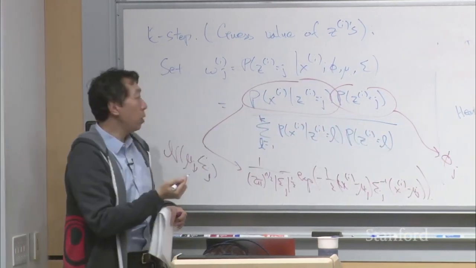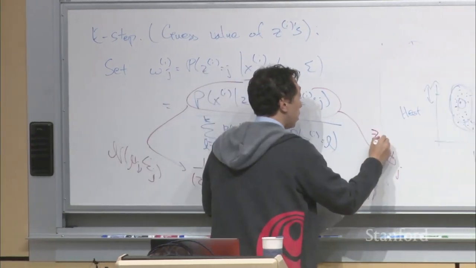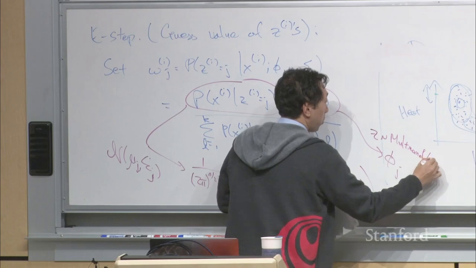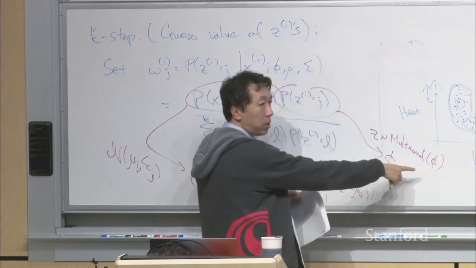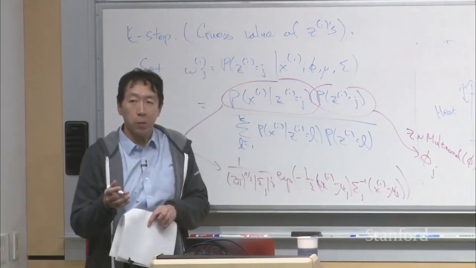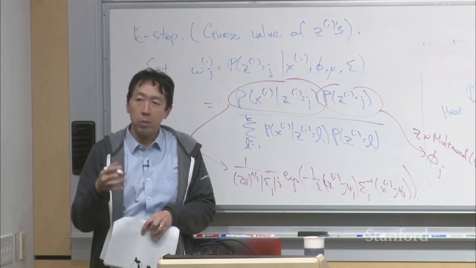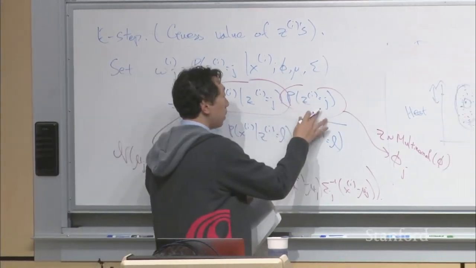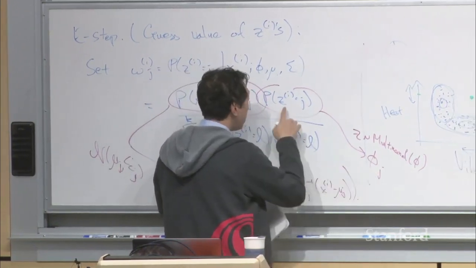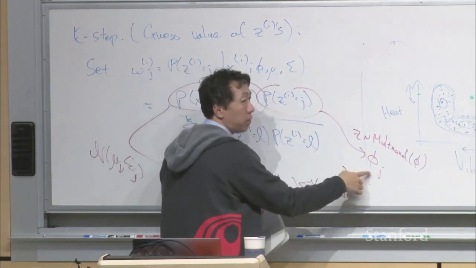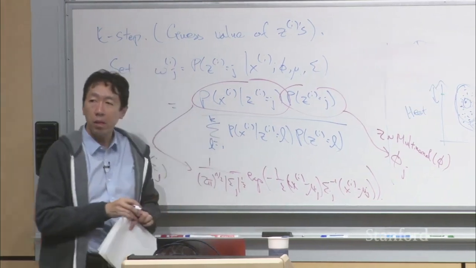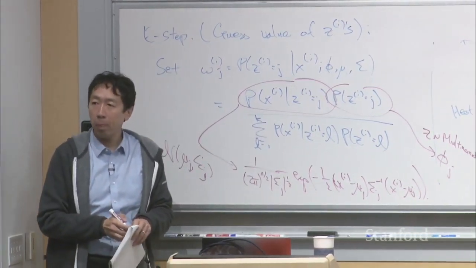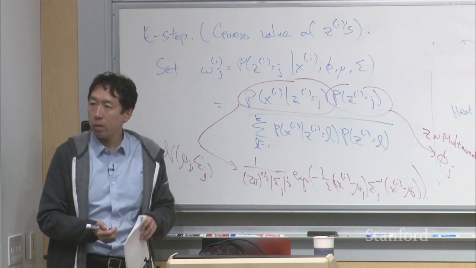Remember, z is multinomial, right? So z is multinomial with parameters phi. The parameters phi for the multinomial distribution tell you the chance of z being 1, 2, 3, 4, and so on up to k. And so the chance of z_i being equal to j is just phi_j. It's just read off one of the parameters in your multinomial probability for the odds of z being different values, okay?